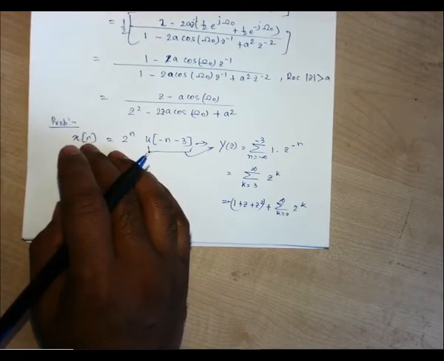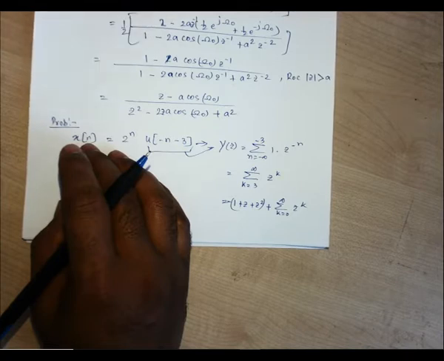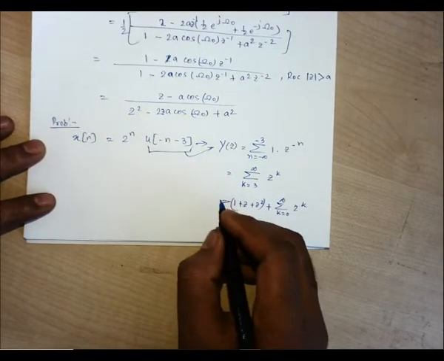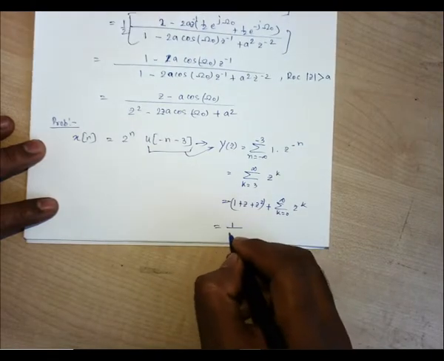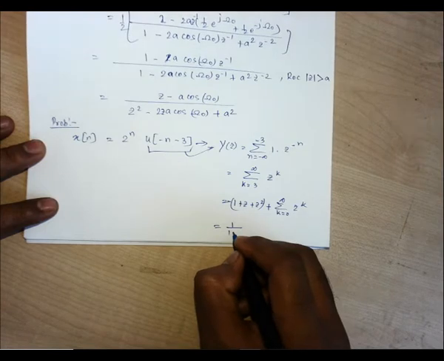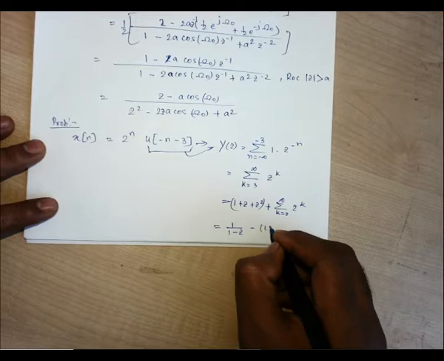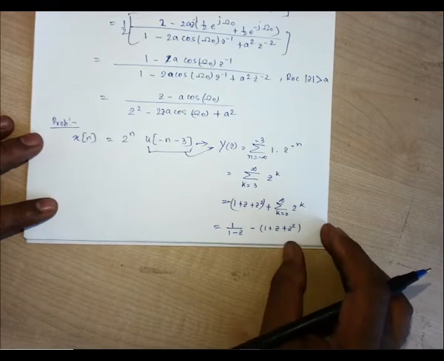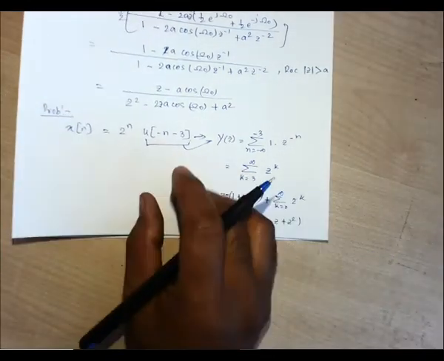So for this it is 1 by 1 minus z, then minus of 1 plus z square. Then we need to go with the simplification. That will become z minus 1.